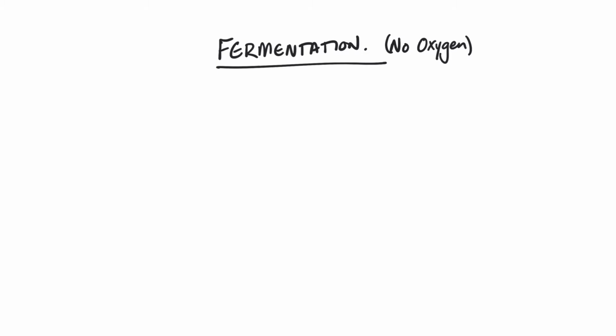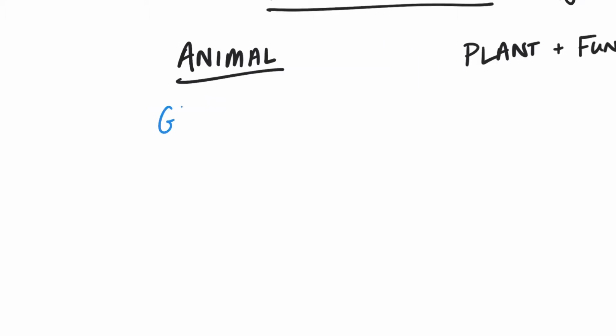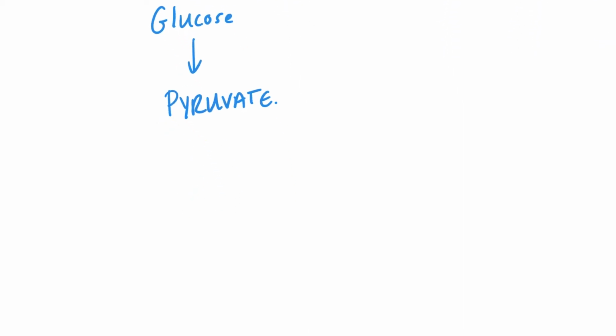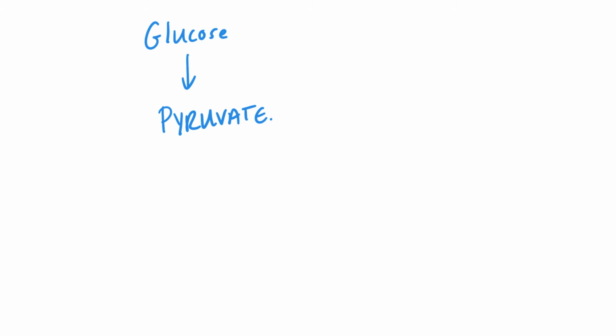And depending on whether we are looking at animal cells or plant and fungi cells, there are different pathways. So if we are in an animal cell, stage 1 is the same: we start with glucose. We break that down into pyruvate and release 2 ATP. Because there is no oxygen, that pyruvate cannot be broken down further, so we break that down into a chemical called lactate instead. There is no energy release, so no ATP is produced in this breakdown.